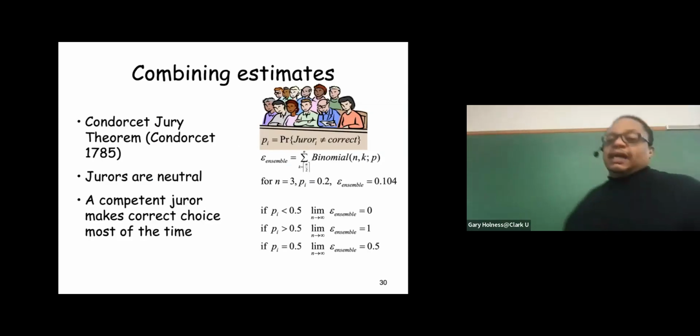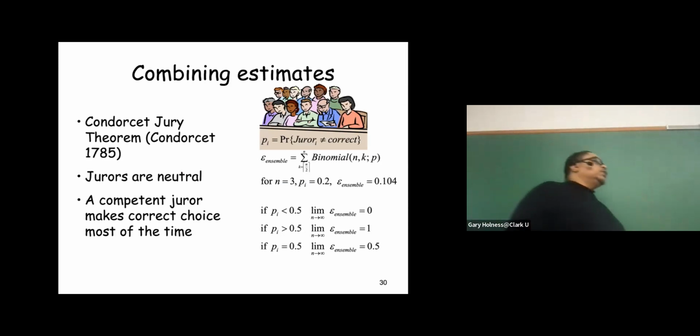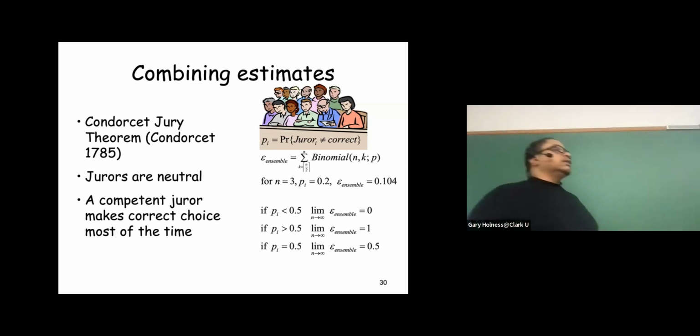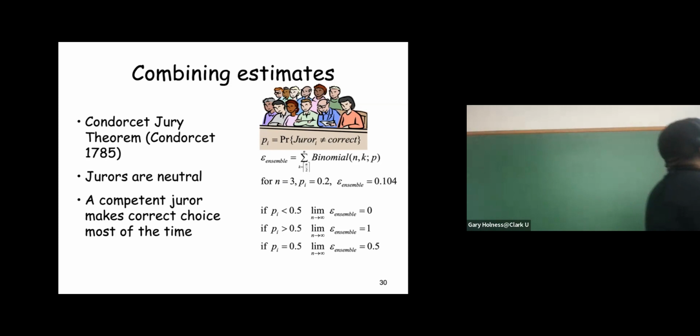And this idea of improving outcomes when you combine estimates goes back to the late 18th century, with the Condorcet jury theorem, which is from political science. With this, we modeled the error of the entire group, going from the majority error to the overwhelming error, assuming jurors are so-called competent.